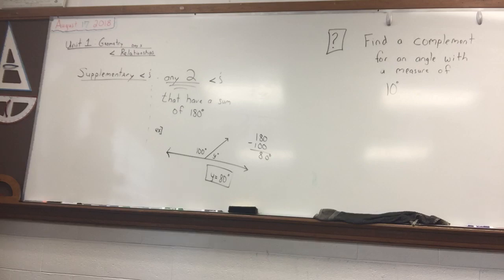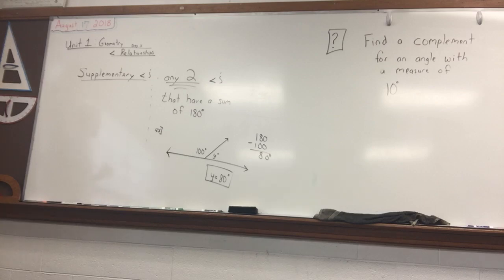What do we think we need to do if it's asking us to find a complement? How many angles do we have to have in our angle relationships? Raise your hands.